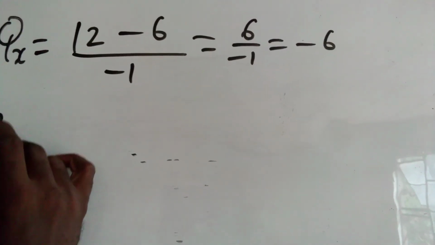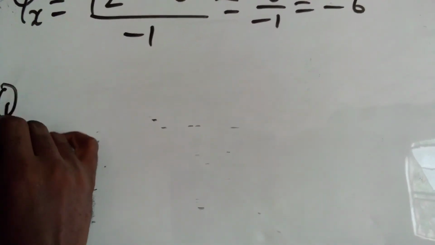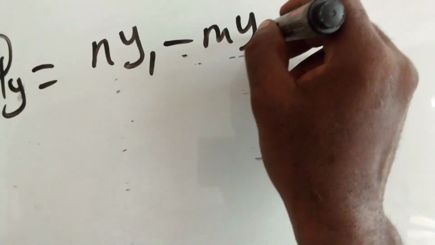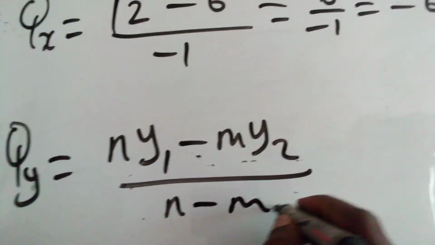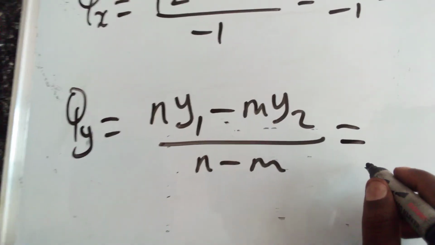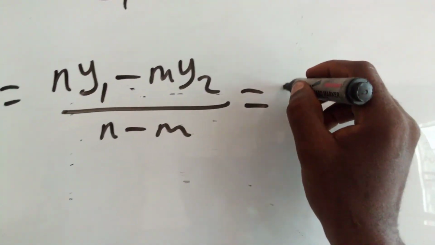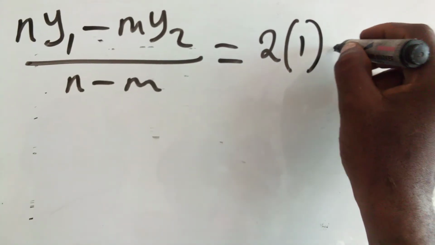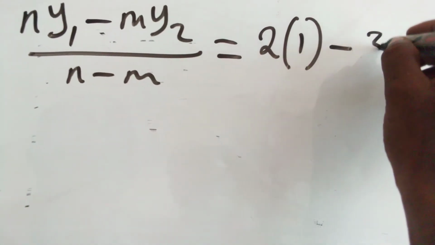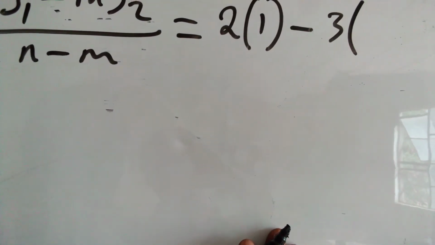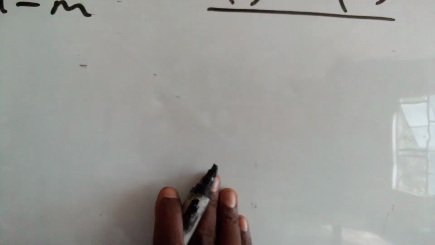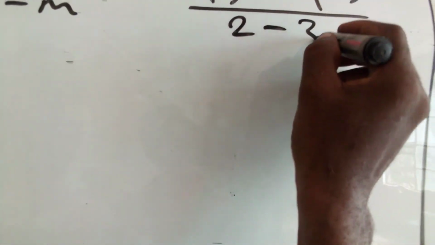So for the y-ordinate, you have n y1 minus m y2 all over n minus m, which will give you, our n is what? 2. y1 is what? 1. Then minus m, which is 3. y2 is what? 5, all over n, what is our n? 2. m is what? 3.